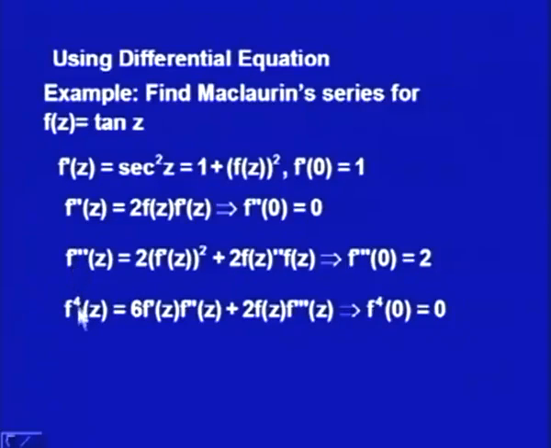From here we can find the fourth derivative, and putting z = 0 gives f⁗(0) as 0. Substituting these values, we will have tan z = z + z³/3 and so on.